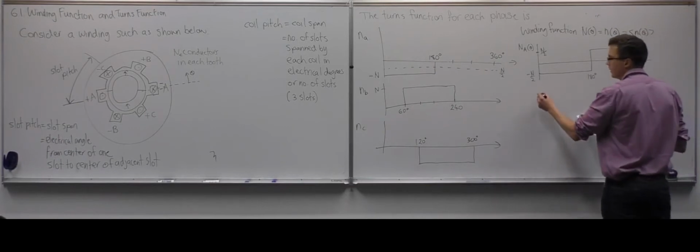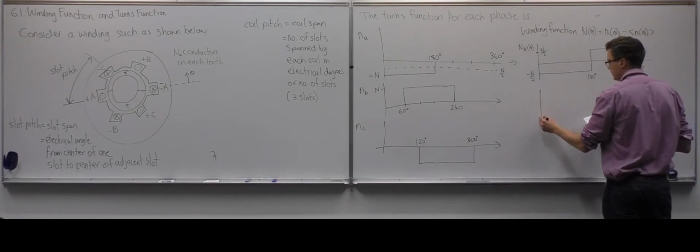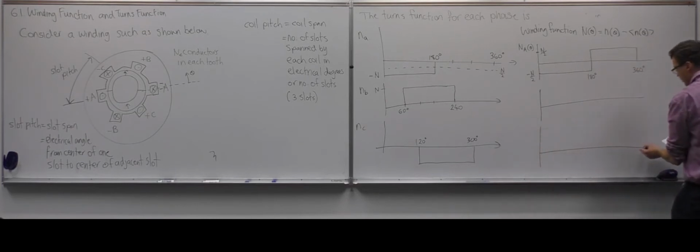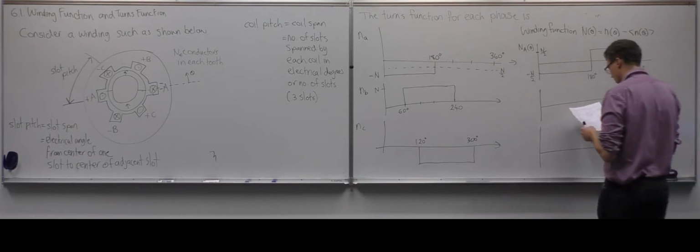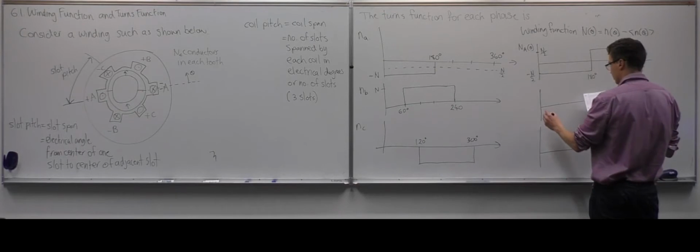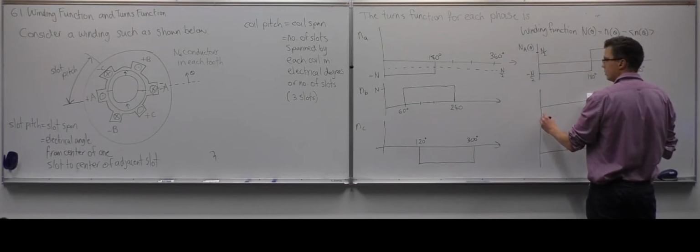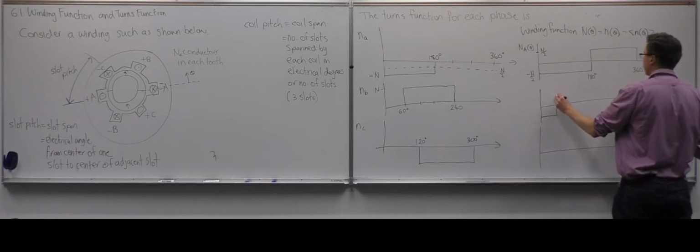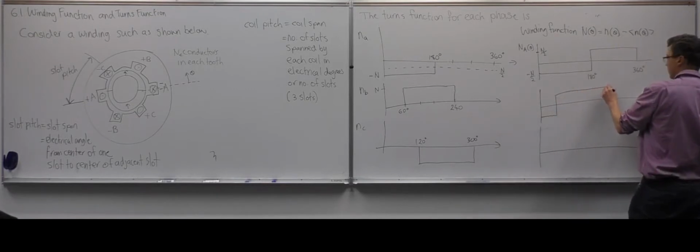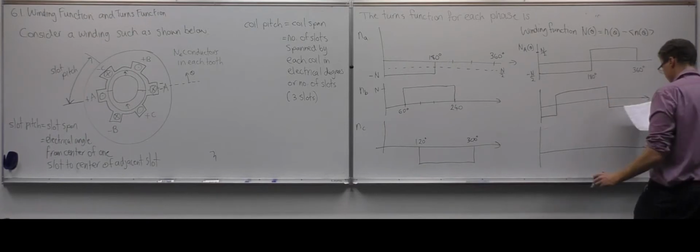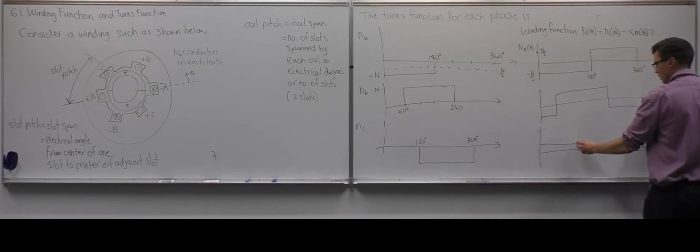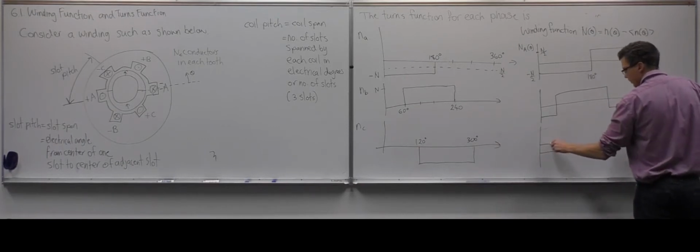And then for the B and the C, we can also draw up the winding function. And so the B will look something like this. And then the C will look something like this.